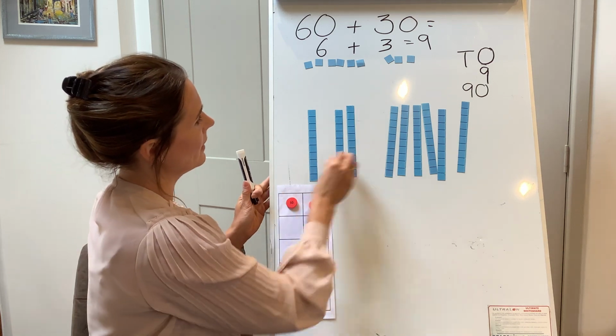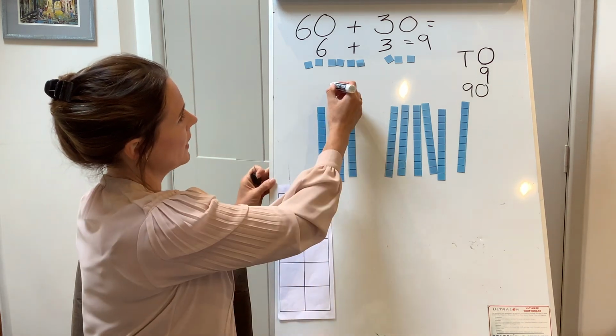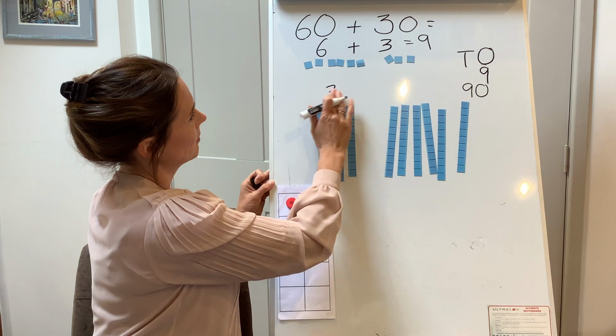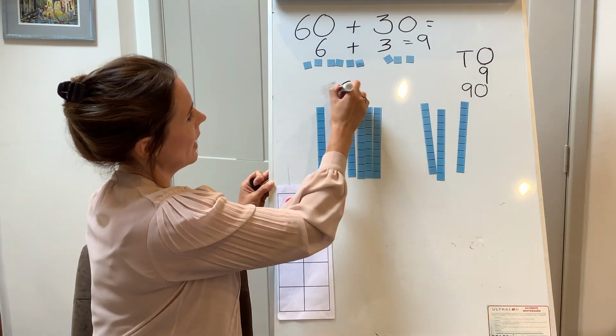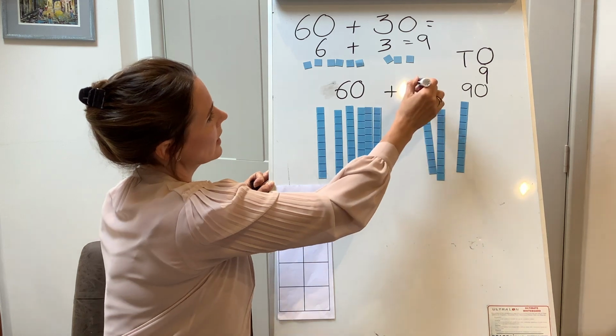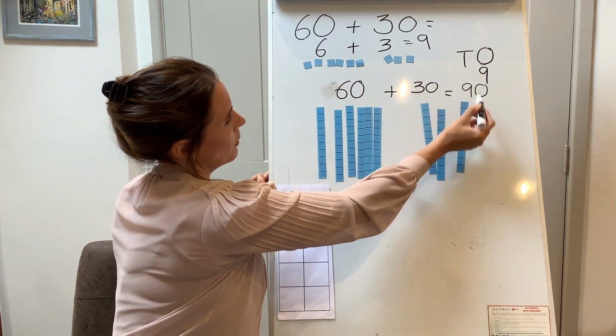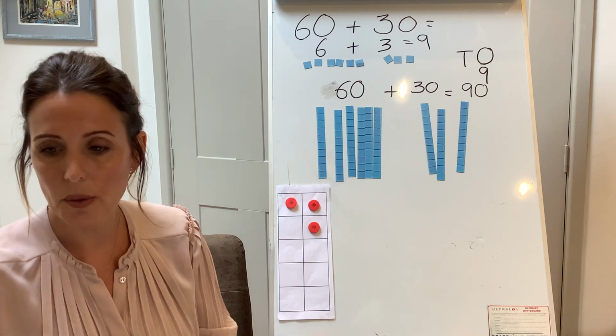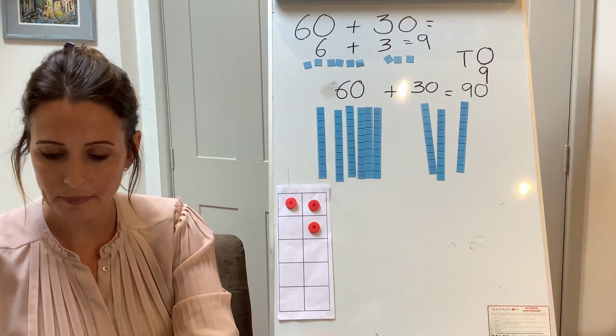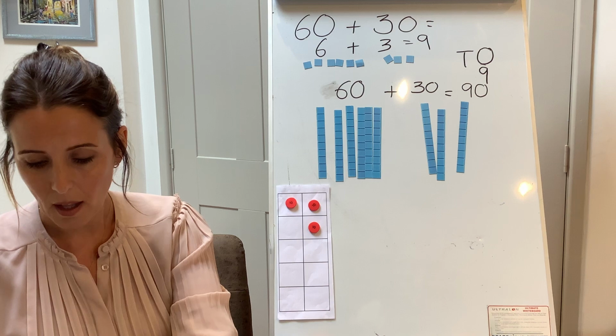You could use base 10 to see this. I've got 30 here. Turn it around. We'll have 60 here. Add 30 is equal to 90. You could also have a look at it using a tens frame as well.